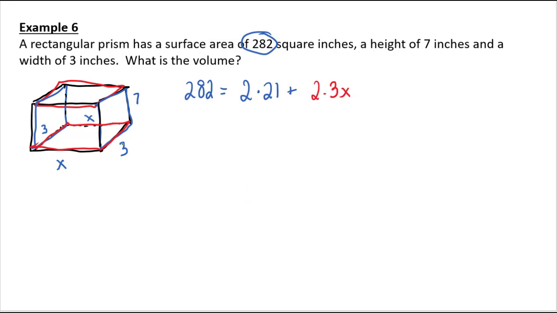And then lastly, I have the front, where this side is 7. So I have the front and the back, which is 2 of those, 7 times x. Let's do a little bit of simplifying.